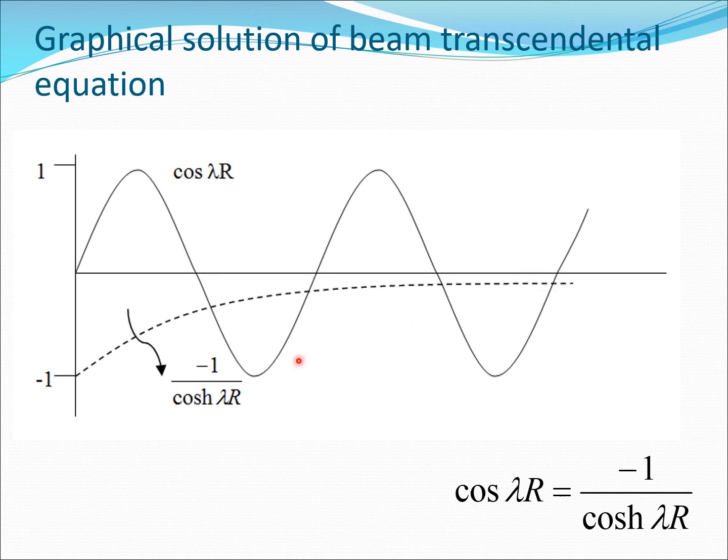Also, if you are trying to find the solutions using a numerical method like Newton-Raphson, you can get the initial guesses from the nearest values of this cosine function. So first guess here, second guess here, third guess here, fourth guess here, and so on. This way you can obtain the solution to any desired level of decimal points as you want.